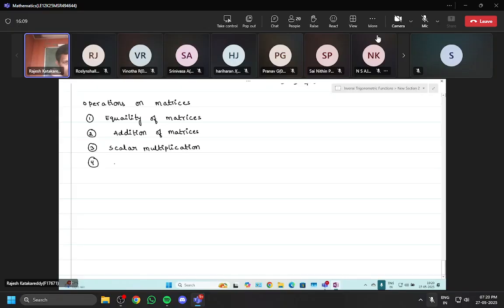Fourth one is negative of a matrix. Fifth one is difference of matrices.